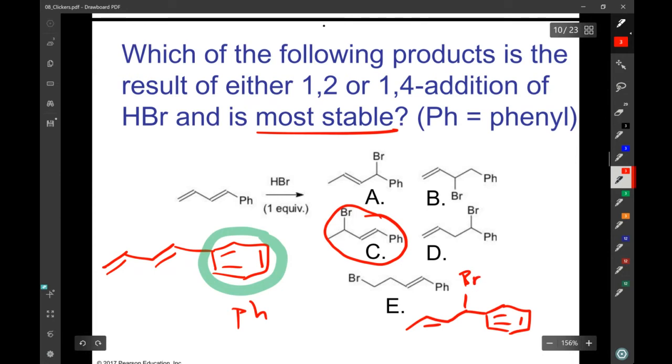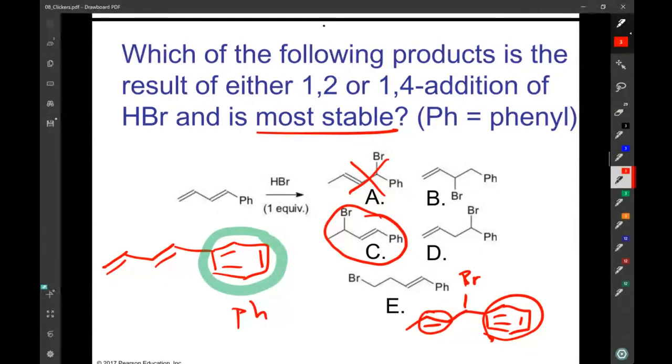That is a full structure for A. Now if you look at A, you will notice that the double bond is not in conjugation with the ring. So that's why A cannot be the most stable.